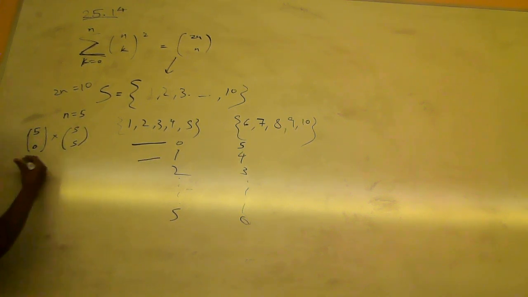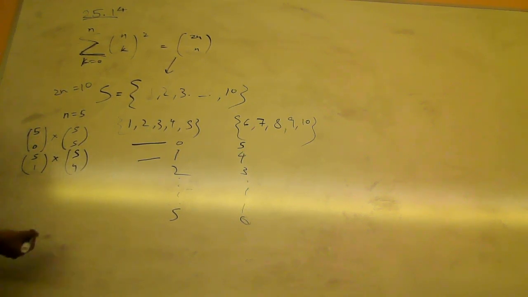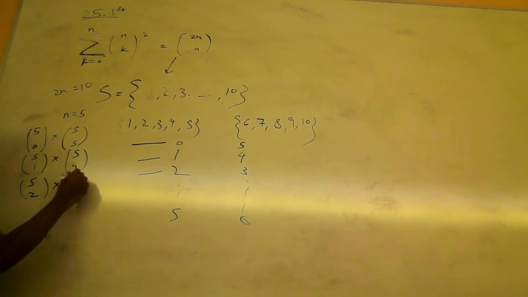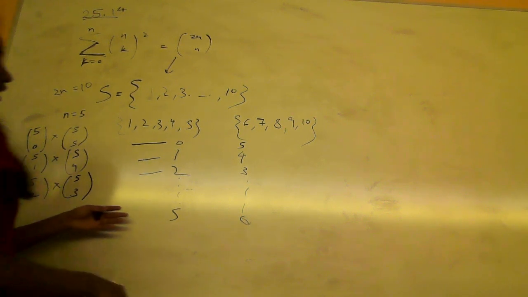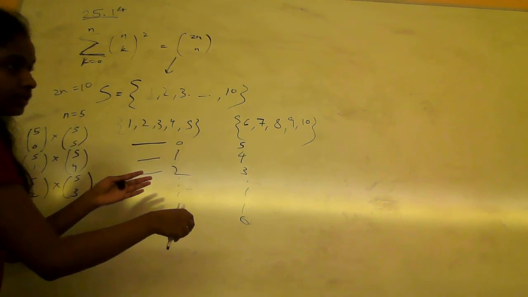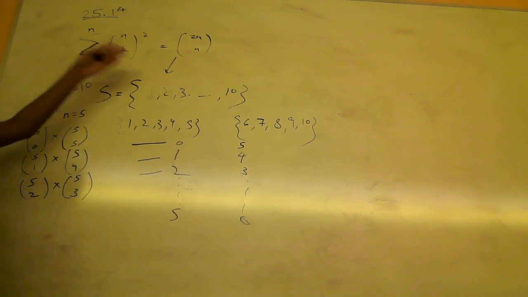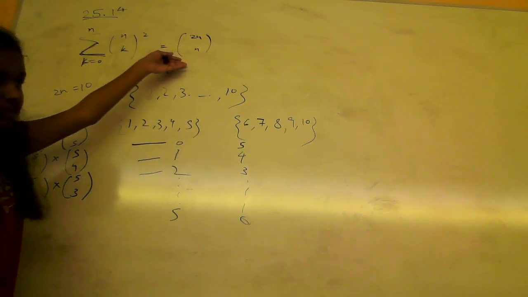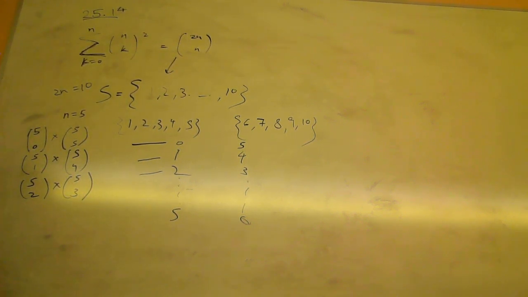In this case, it is 1 element from the first set and 4 elements from the other set. And in this case, it'll be 2 elements from the first set and 3 elements from the second set. We are adding up the number of ways we get in each case to figure out how many ways there are of choosing n elements from a set of size 2n. So we are adding all of these up.